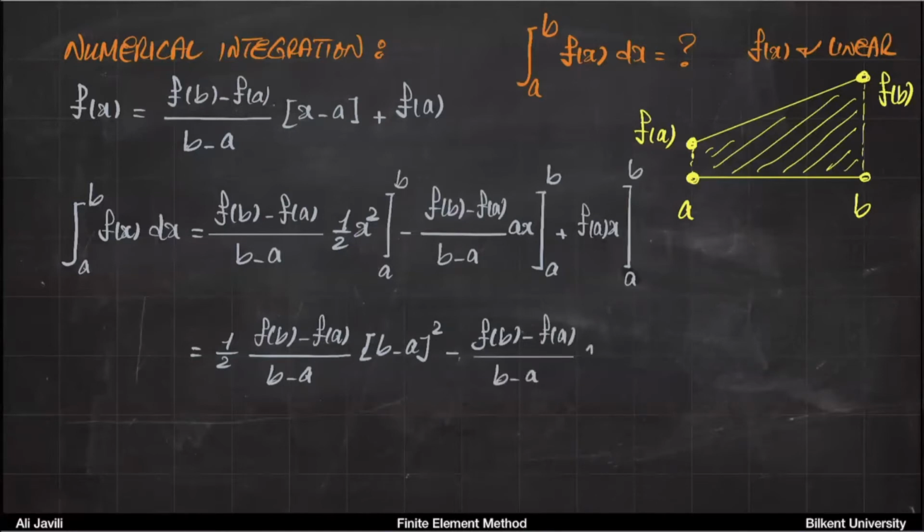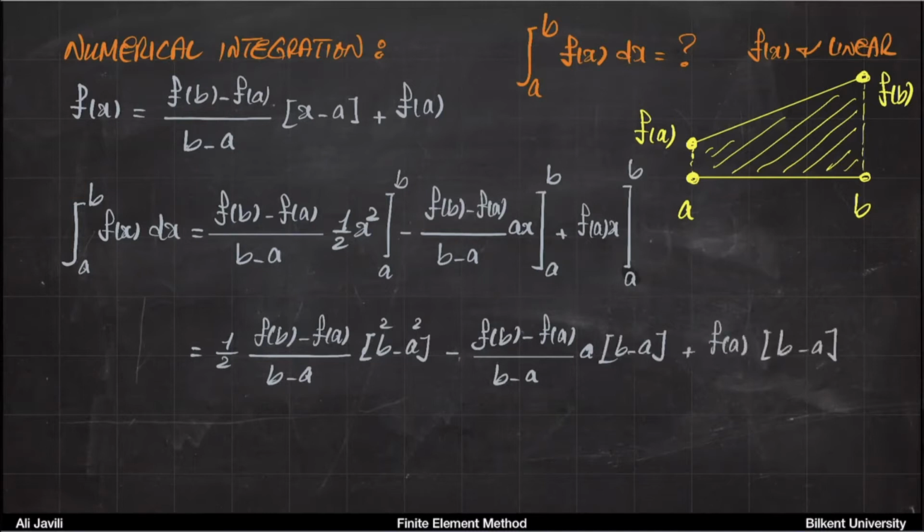Now you get b squared minus a squared, right? Not b minus a squared. Yes, thank you very much. This is b squared minus a squared. Then the next one is a times b minus a, and the last one is f of a times b minus a.